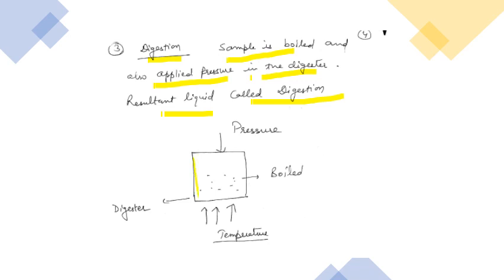Here you are able to see a digester in which we can apply the pressure from the top side, and from the bottom side it is heated. Applying the temperature, it goes on boiling, and simultaneously with the pressure, it enhances the extraction process. After a certain period of time we stop this and we have the resultant liquid which is called the digester liquid.